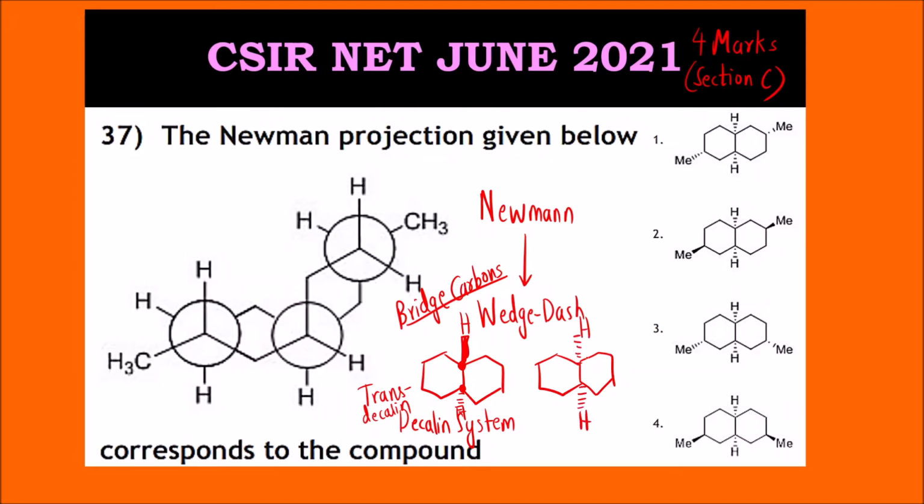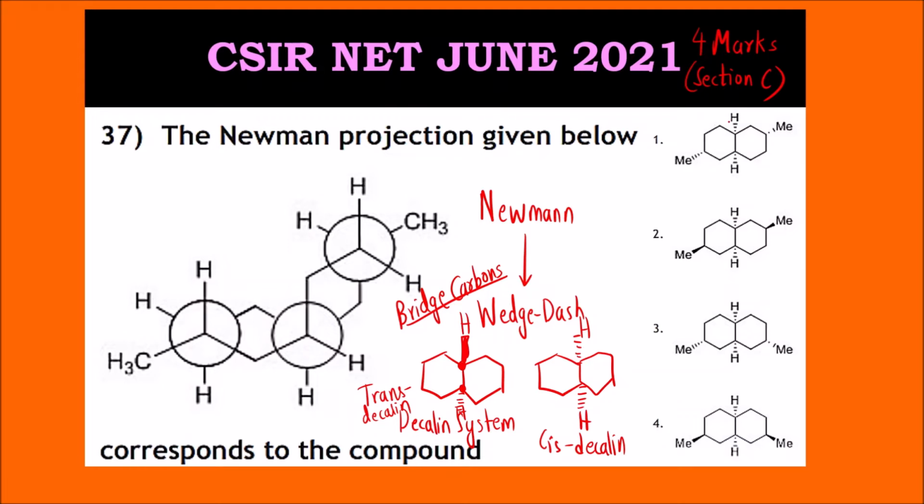Here I am drawing both below the plane, on the dash bond. This is same stereochemistry. Either both are below the plane, or both above the plane, that is also the same. This is called cis-decalin.